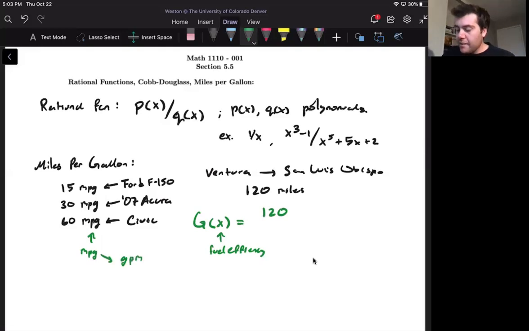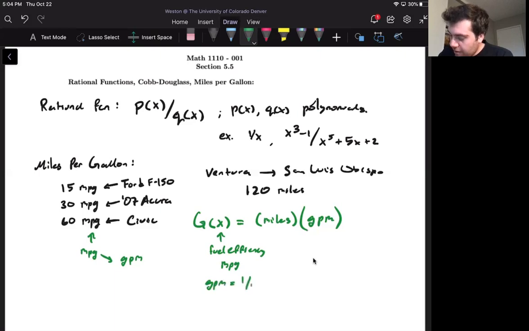Looking at our g of x, getting rid of that 120 for a second, as miles times gallons per mile. Since we're plugging in fuel efficiency, which is miles per gallon, gallons per mile just equals 1 over miles per gallon.